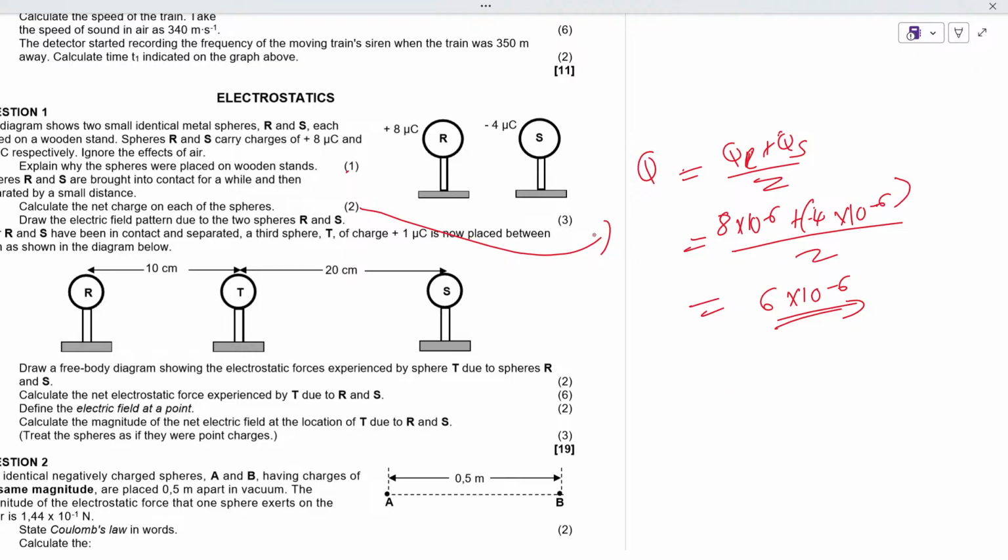Another thing you have to note is that you add them with their charges. So this answer is not correct because it has to be with its negative charges. One is going to be decreasing, another one will be increasing. So you must make sure you include the charges in this formula.